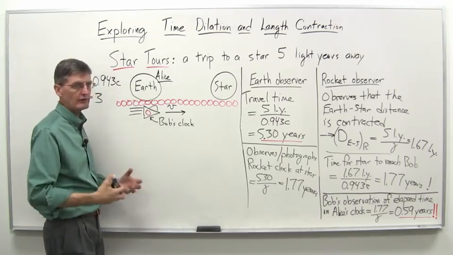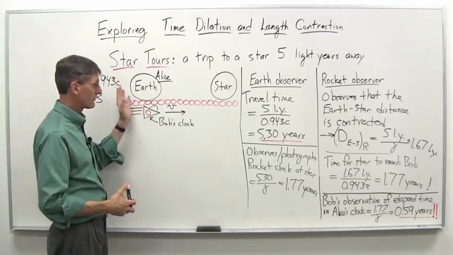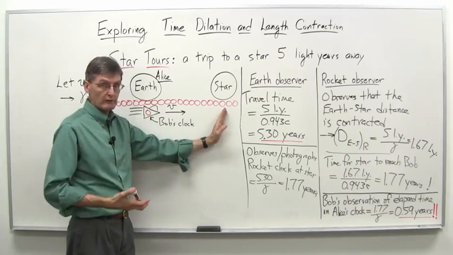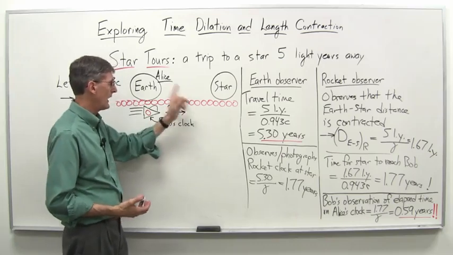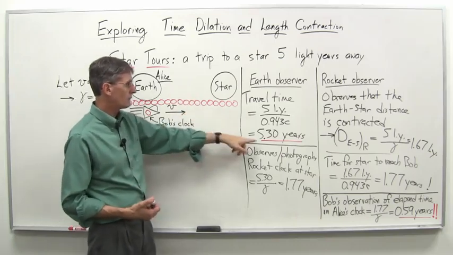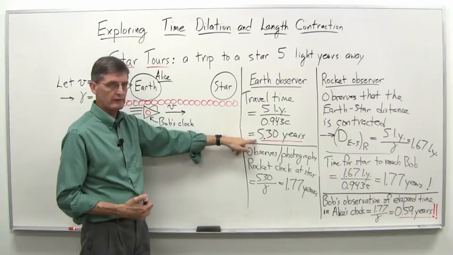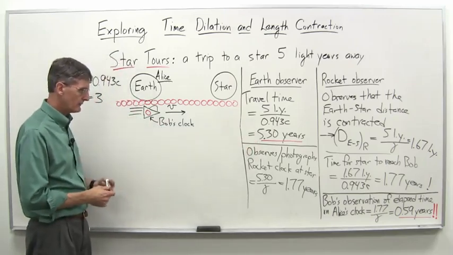As far as Alice is concerned, Bob moves along. When he gets to the star, another photograph is taken to compare the two clocks at that time. And Alice's clock, in the Earth star system, will read 5.3 years, because it's 5 light years at 0.943 c, which takes 5.3 years to get there.